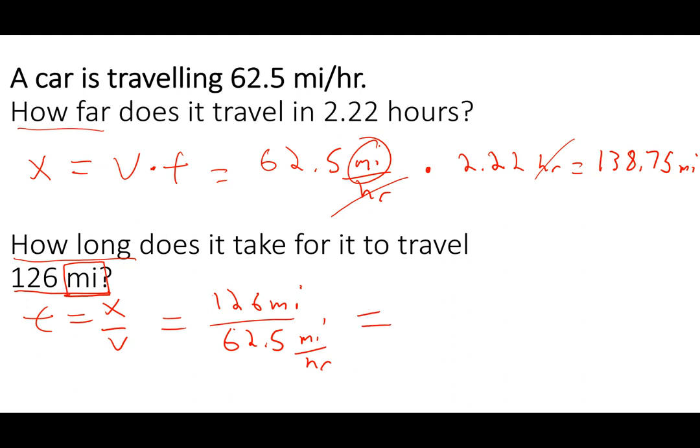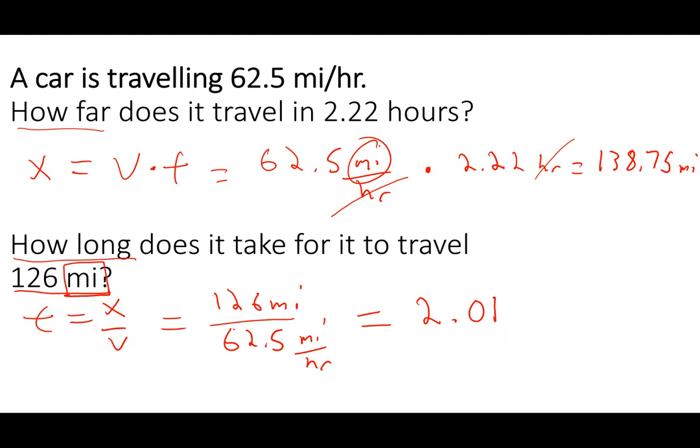And if I divide this, 126 divided by 62.5, that gives me 2.016. Oftentimes, I will ask you, almost always, to round to 2 decimal places. So I only want to keep the 0 and the 1. This 6 is going to cause me to round up.